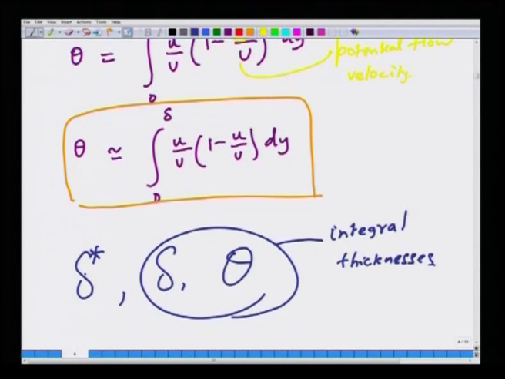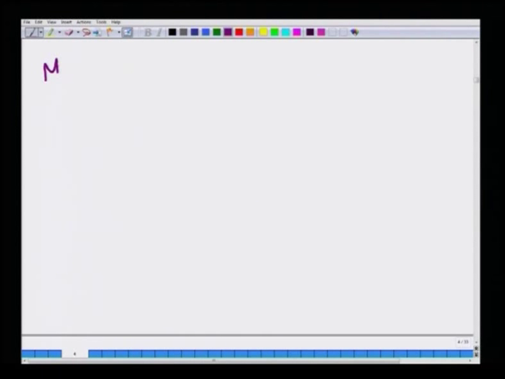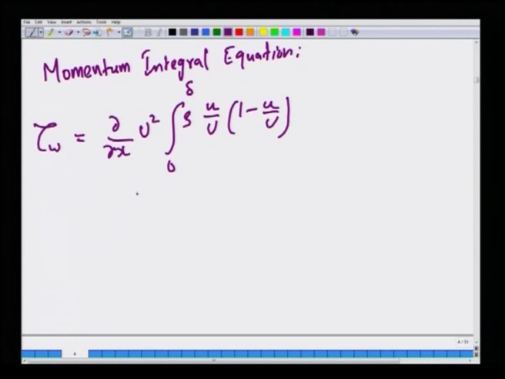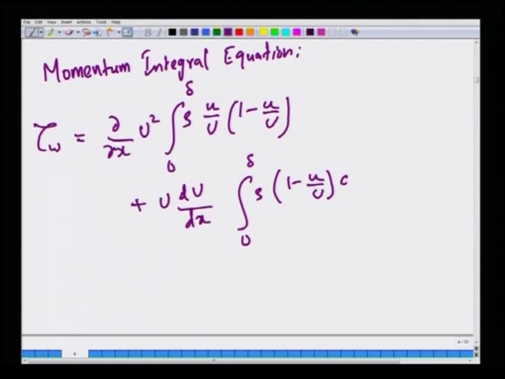Okay. So, now therefore, we are going to rewrite the momentum integral equation. So, let us go back to the momentum integral equation and rewrite it in terms of the newly defined boundary layer thicknesses. The momentum integral equation was simply tau w is d dx of U squared integral 0 to delta rho times u by U times 1 minus u by U plus U dU dx times integral 0 to delta rho times 1 minus u by U dy.